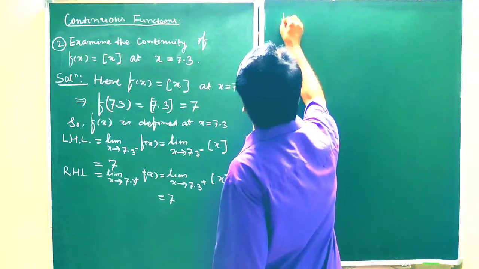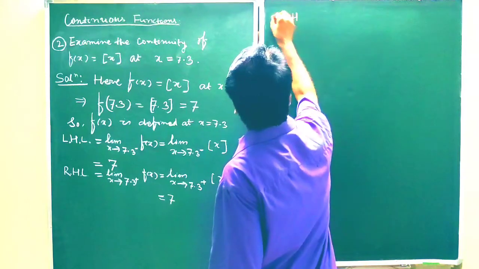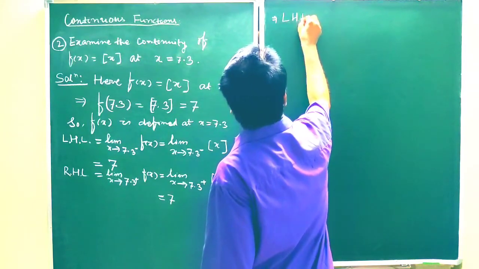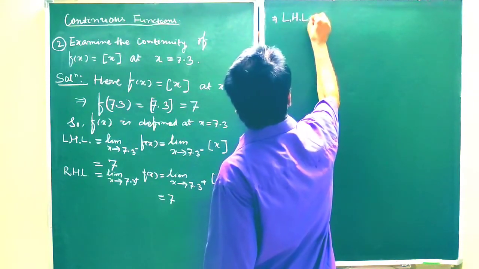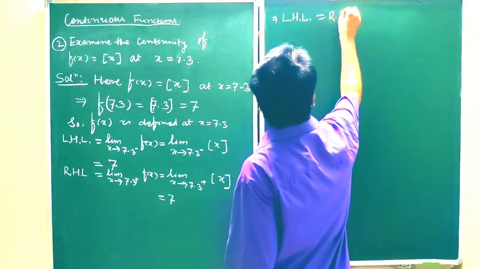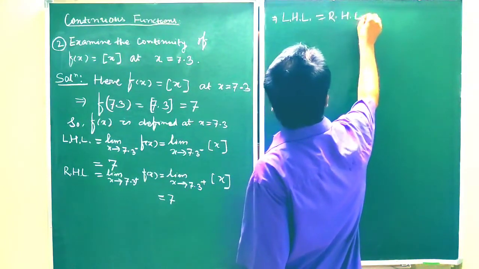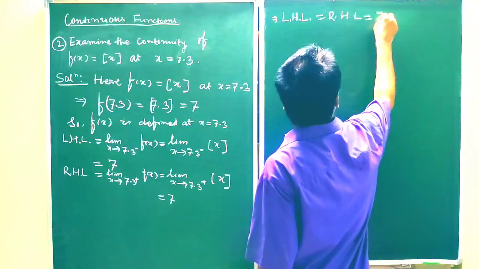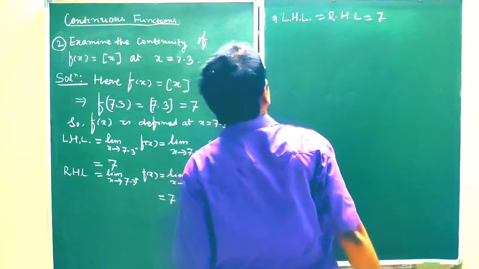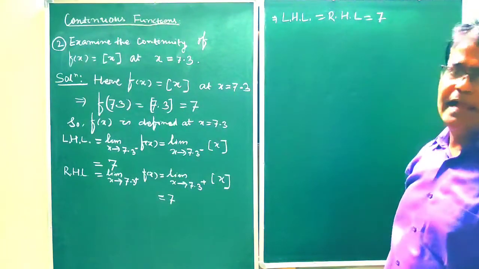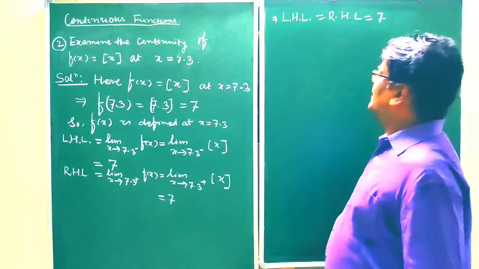So we get left hand limit is equal to right hand limit is equal to 7.